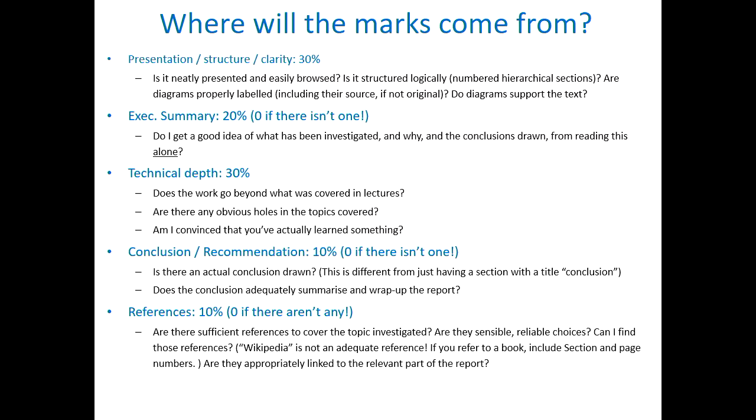And the reference needs to be sufficient that a reader can easily find it. Right? So just saying Wikipedia is not a reference. I'm not saying you can't use Wikipedia. It could be one of several references. But it needs to be the specific page on Wikipedia, not just Wikipedia globally.